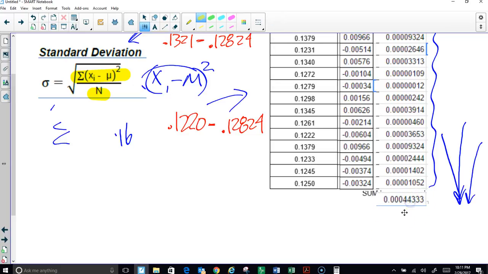Now, what are we going to do with this sum right here? That's that number right there. So we are going to divide it by the number of numbers. We're going to divide it by 16. That's the next step.